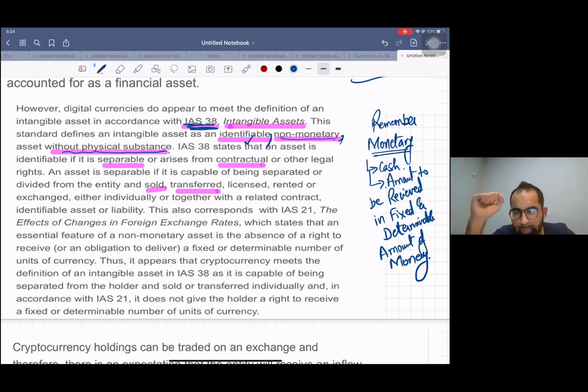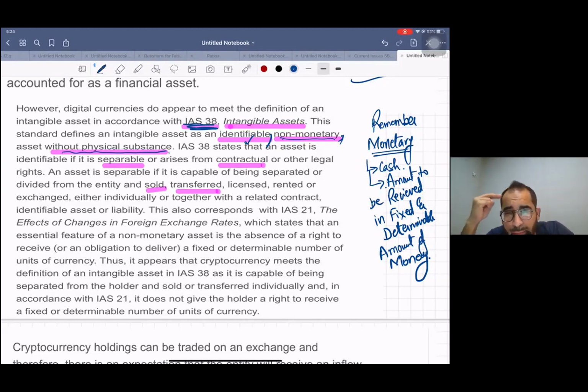Look at me. Let me define it. Monetary items are cash, number one, or number two, amount to be received in fixed and determinable amount of money, that is receivable.